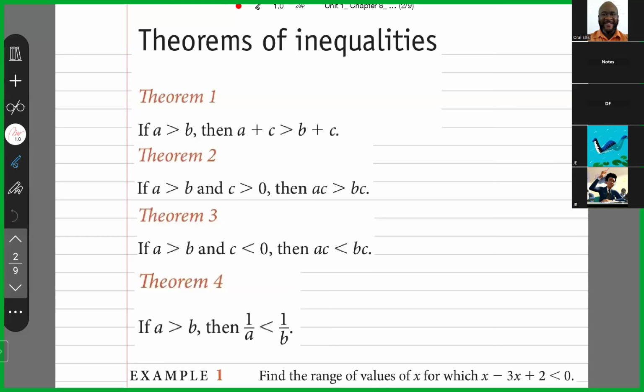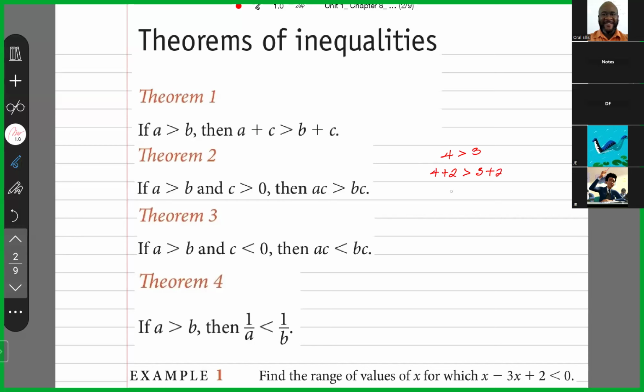All right, so theorem 1 says, if A is greater than B, then A plus C is greater than B plus C. So all that is simply saying is that if, for example, you have 4 is greater than 3, then 4 plus 2 would be greater than 3 plus 2.